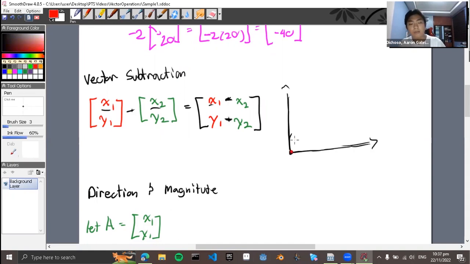So for the first method, the first thing I would do is I would draw, let's say, this is our first vector. And this is our second vector. We can visualize vector subtraction as such. First, we would draw the first vector. Then, we would draw the second vector.